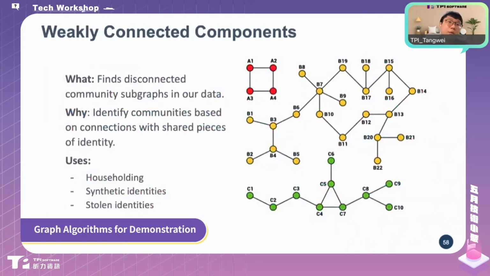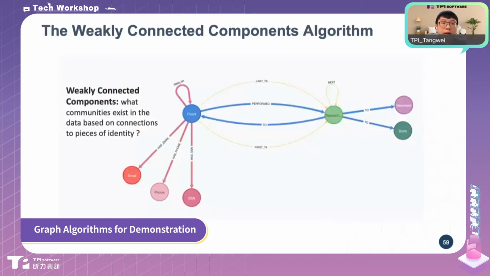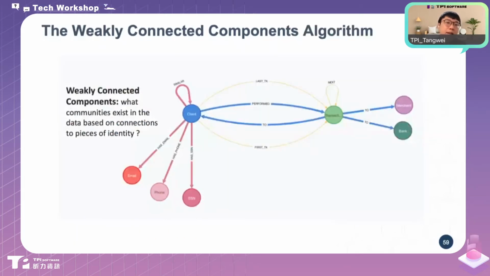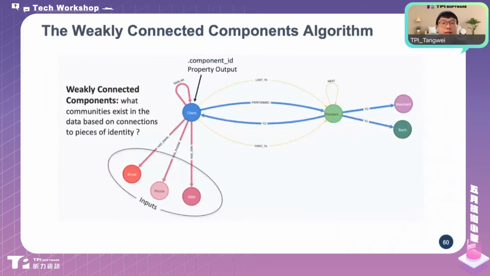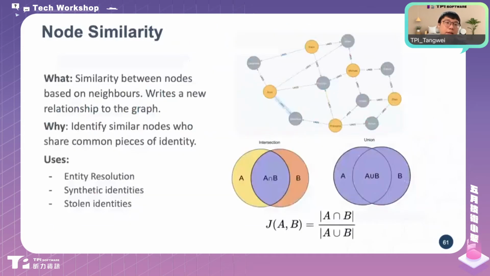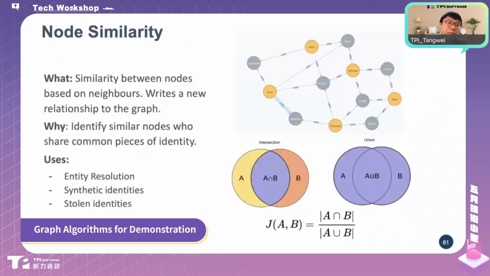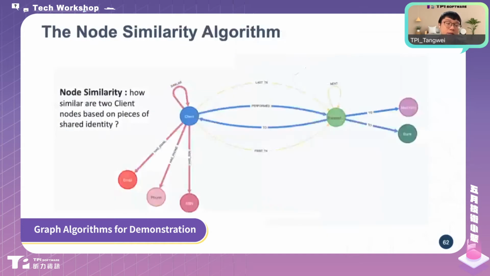And weakly connected components is to identify communities based on connections with shared pieces of identity. So here is the weakly connected components algorithm in the dataset, with the input and outputs. Okay, node similarity is the same idea, to identify similar nodes that share a common piece of identity.